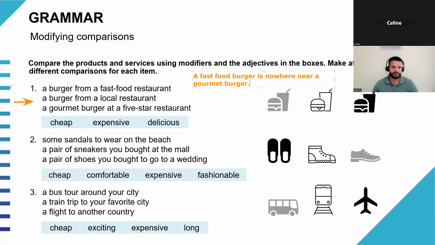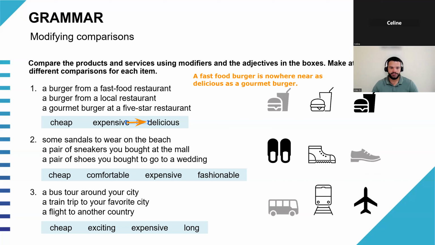I forgot to put here, Celine, nowhere near as delicious as a gourmet burger, because we have to use the adjectives that we have here.